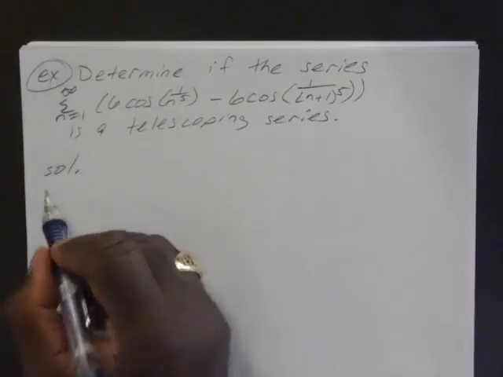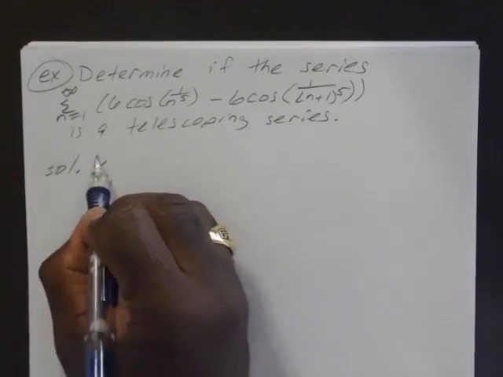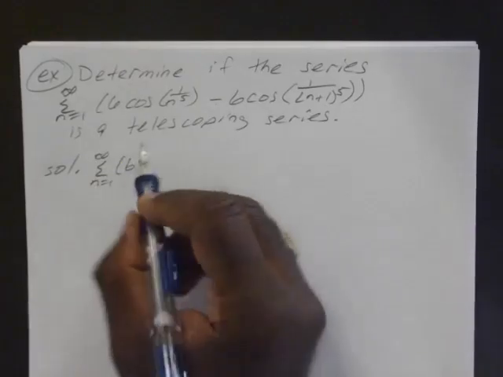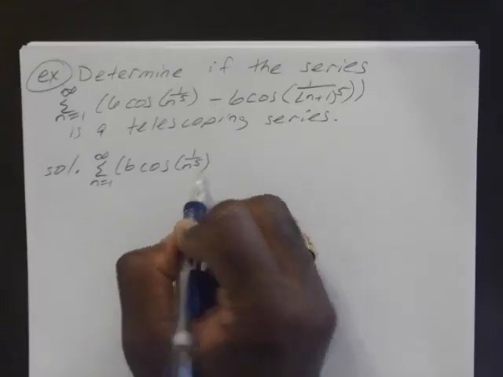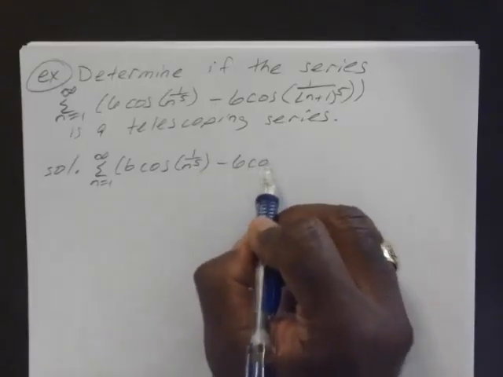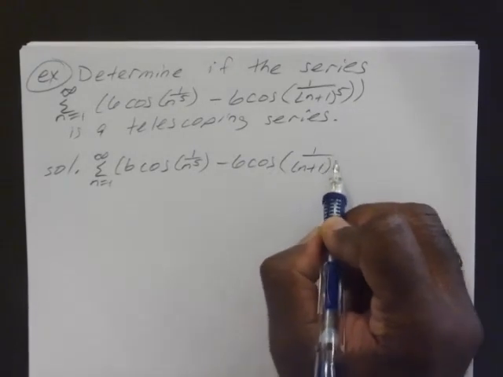Okay, so let's say, I'll go ahead and rewrite it since I always do it. 6 times cosine of 1 over n to the 5th power, and 6 times cosine of 1 over n plus 1 to the 5th power.